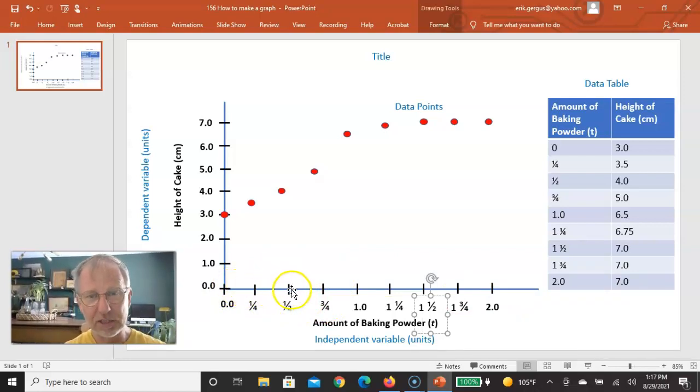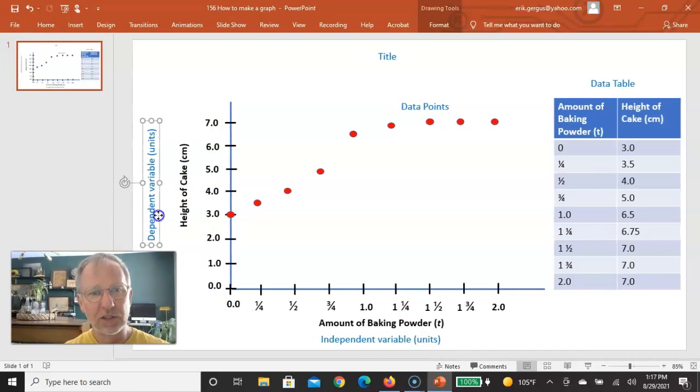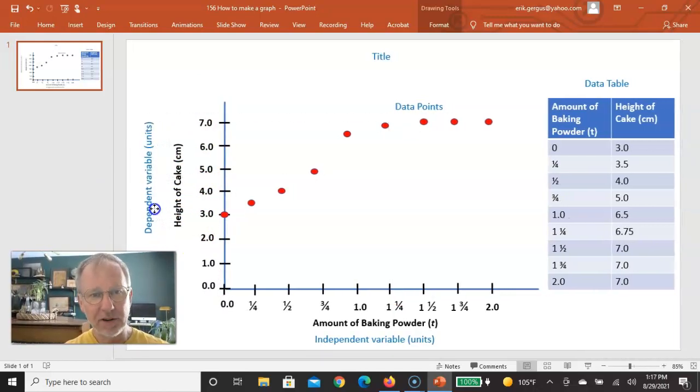So the amount of space between each one from 0 to 1/4, 1/4 to 1/2, 1/2 to 3/4, etc. is all evenly spaced. Let's turn our attention to the y-axis, the vertical axis. We always in science put the dependent variable, the thing that we're measuring or recording as data, we always put that on the y-axis.